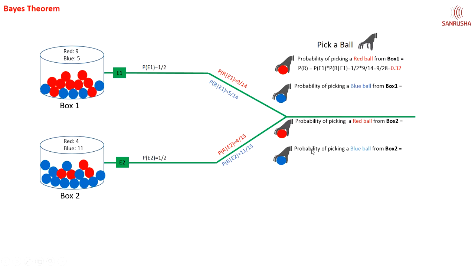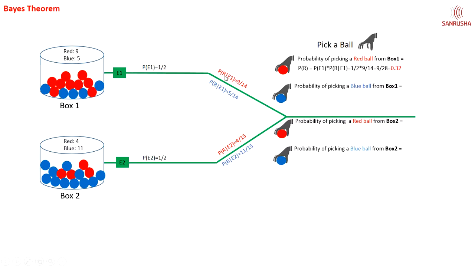Now let's start calculating these probabilities. Start with the first one: the probability of picking a red ball from box 1. That would be P(E1) multiplied by P(R|E1). P(R|E1) is you picking a red ball considering the first box, considering the first event happened.